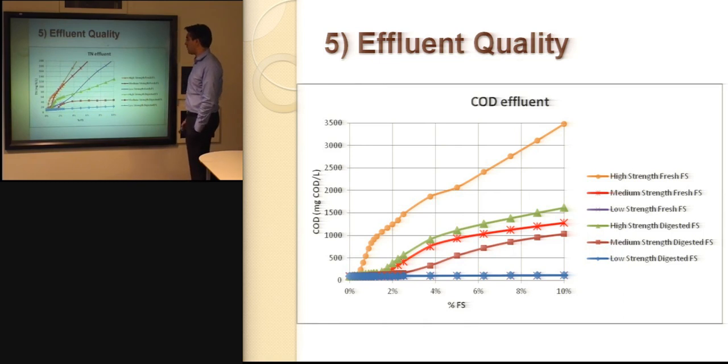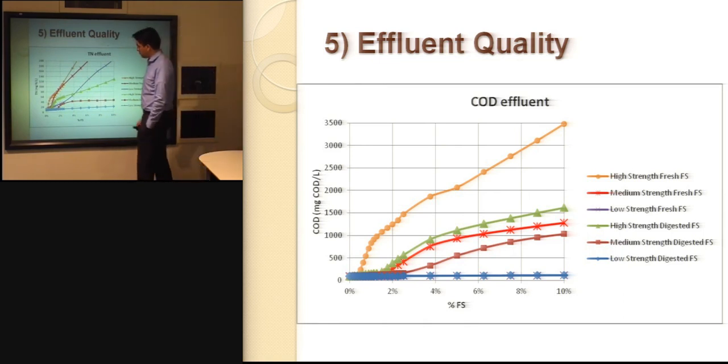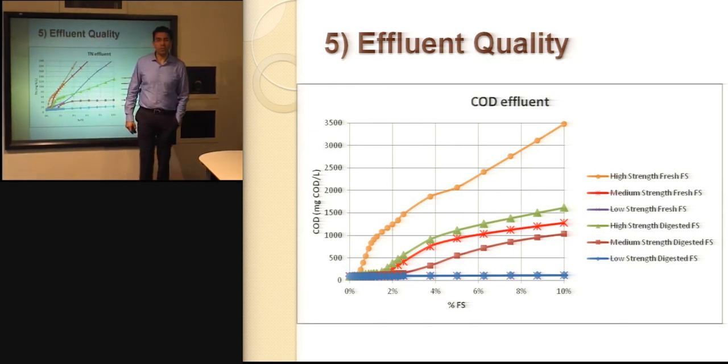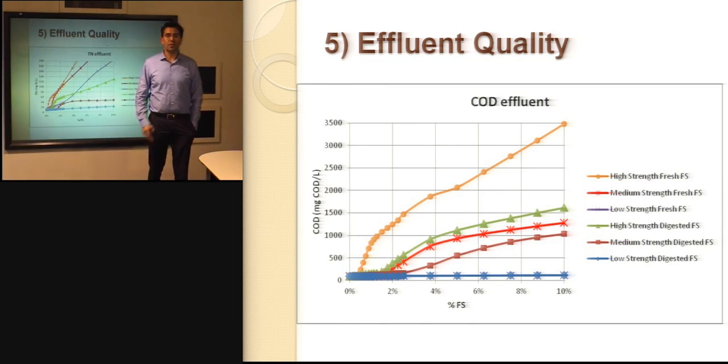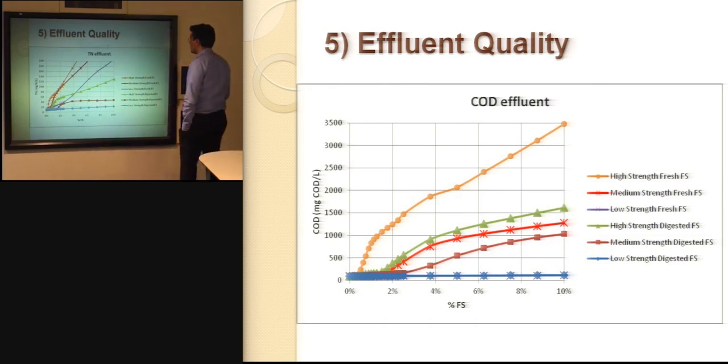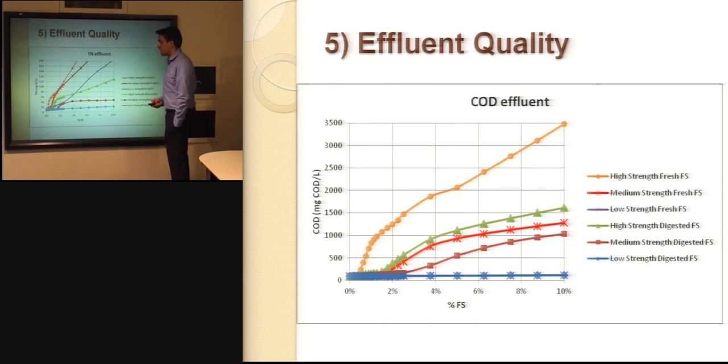For total nitrogen in the effluent, we can observe a very similar trend, where less than 2% can lead to more than 20, 30 milligrams per liter of total nitrogen, and that will logically exceed most of the standards that have been proposed for the discharge of nitrogen compounds in treated effluents.